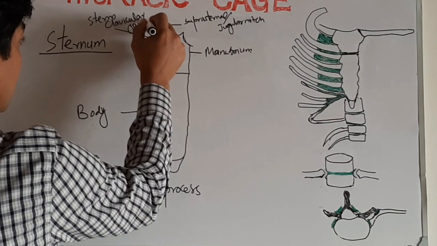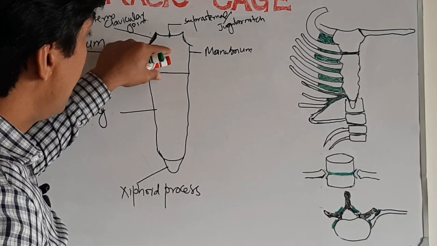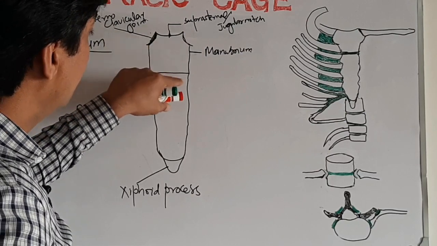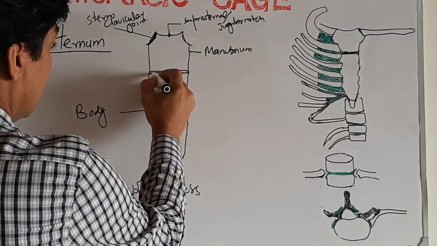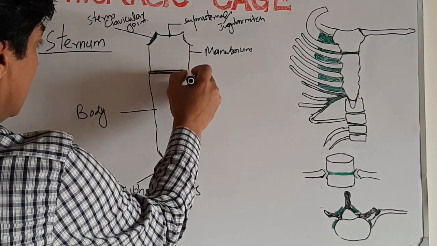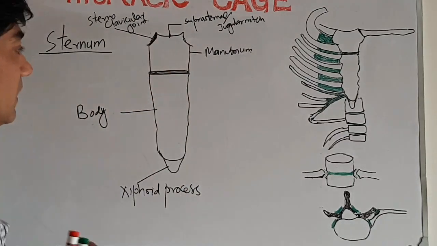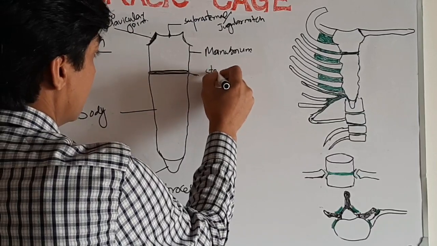Distal to the manubrium, there is an angle. That's called the sternal angle.